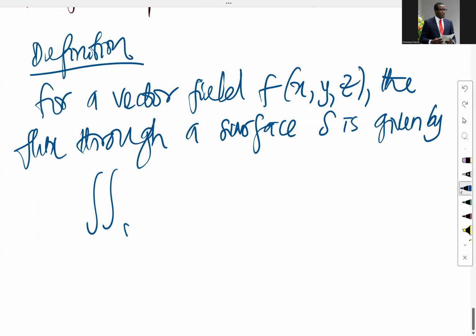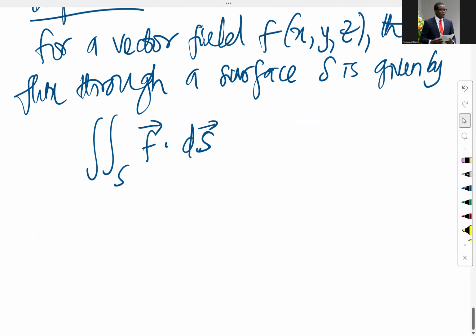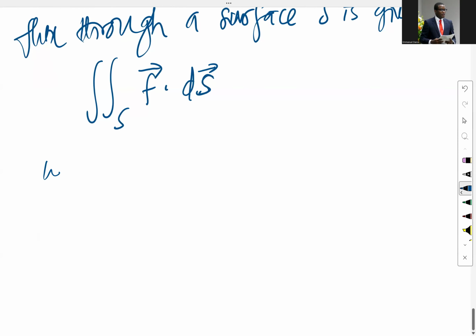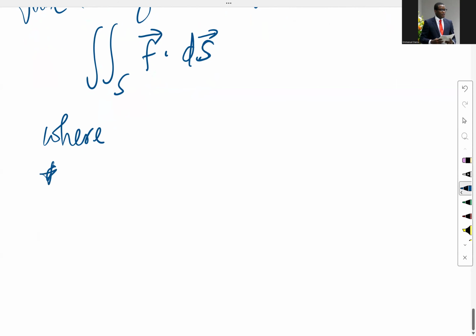Not along a curve now, but on the surface. So we have F, the force field, multiplied by the normal vector. You see a double integral now, because we're talking about a surface, which is two-dimensional. Where dS is equal to the unit vector multiplied by dS itself.